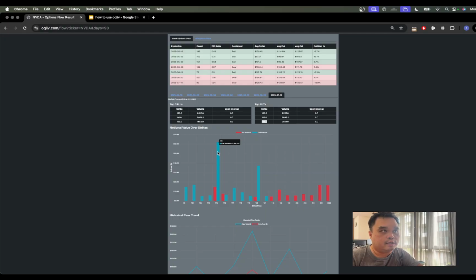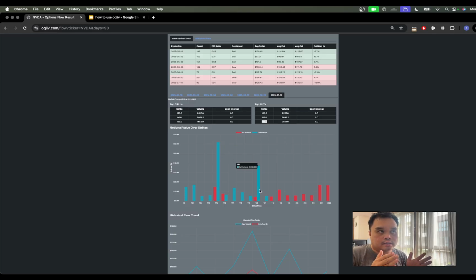We see about 115 notional value, about 61 million US dollars being traded at 115. This is a call wall. The idea is this call wall will support the price, so the pressure of the price will go up above 115.